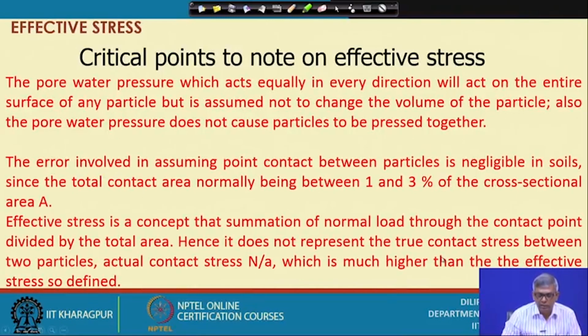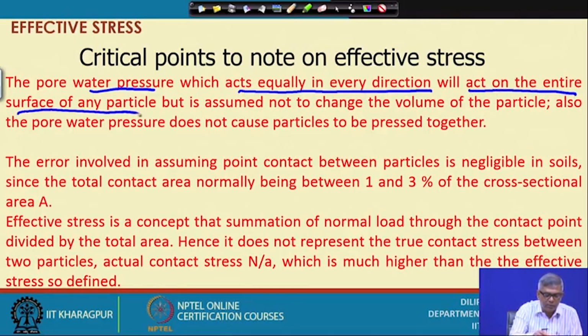Now, these 2-3 points are to be remembered: effective stress is actually a concept, and a number of things have been assumed here. The pore water pressure acts equally in every direction, on the entire surface of the particles.